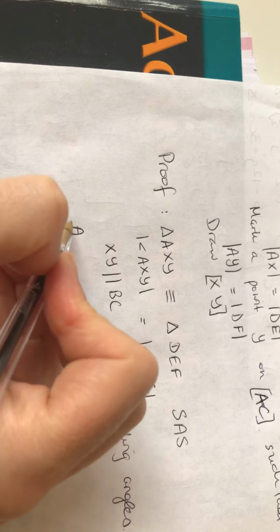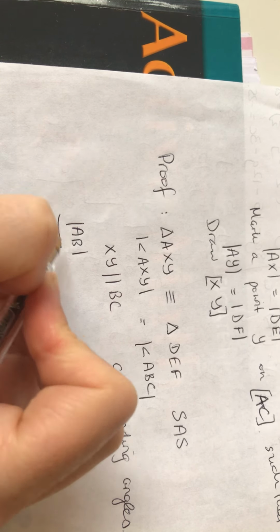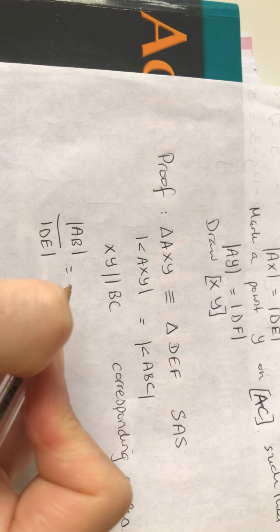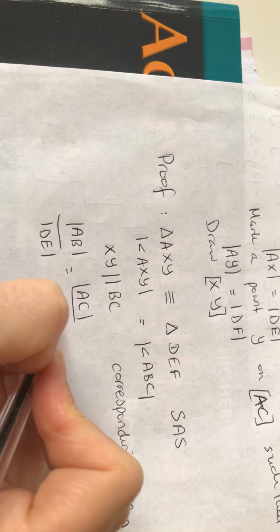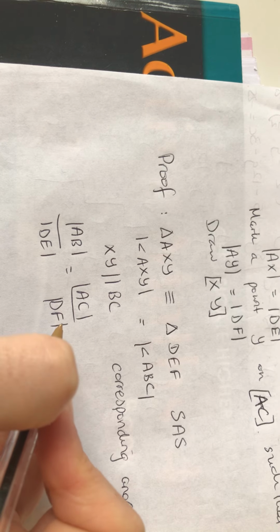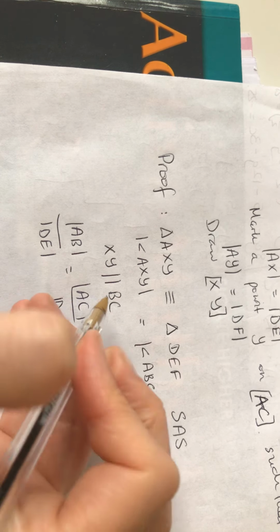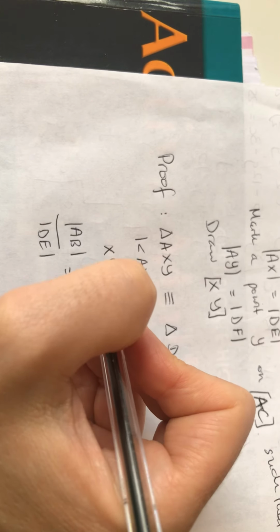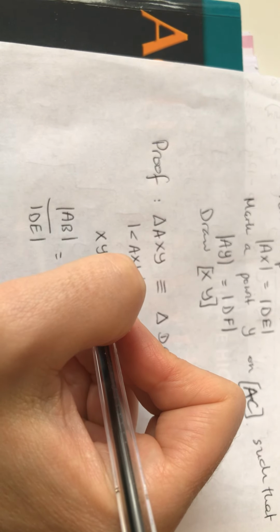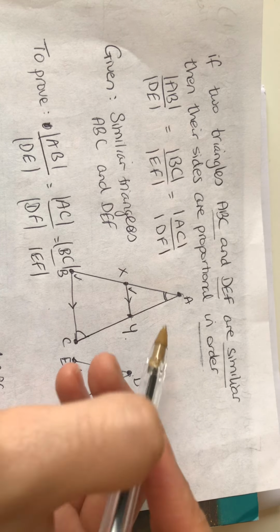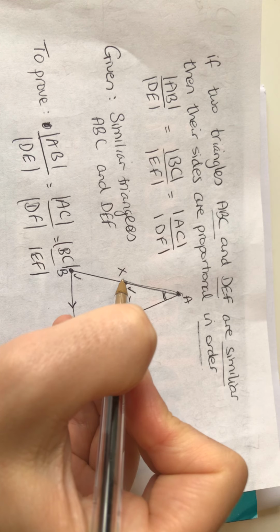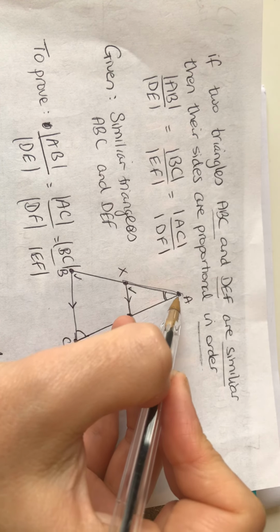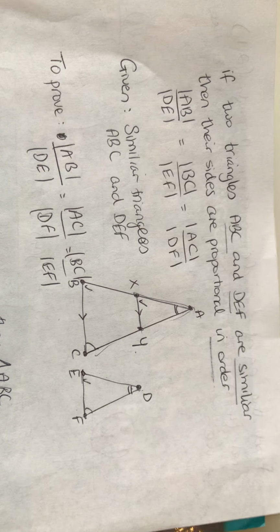So I know that the length of AB over AX is equal to AC over AY.